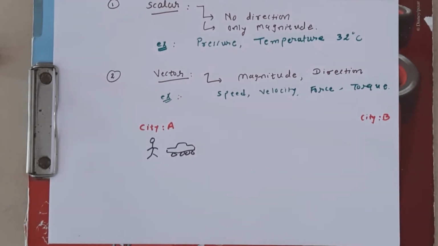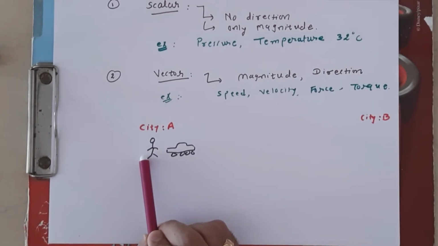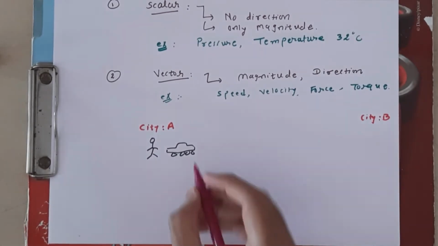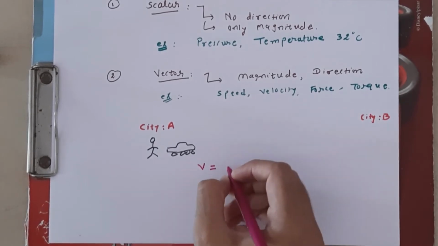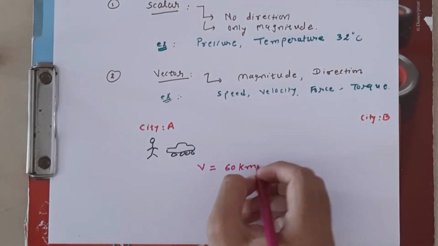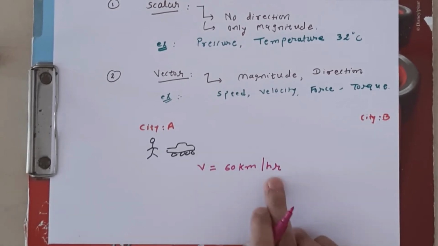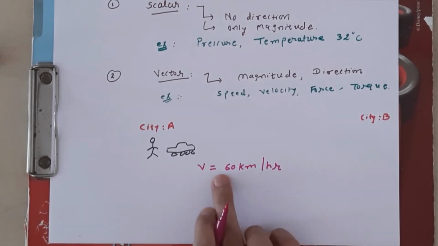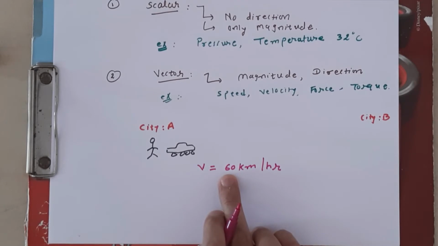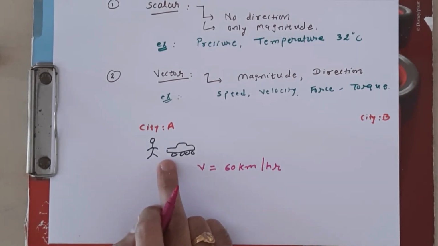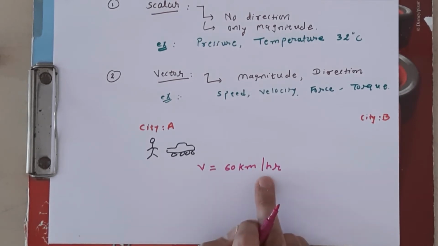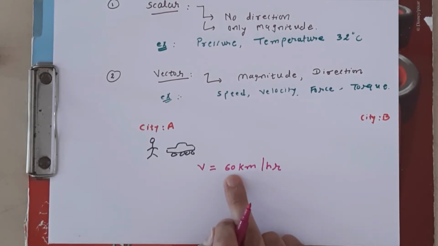Listen carefully, only a few pieces of information are given. The boy is driving a car with velocity 60 kilometer per hour. Which information is given? Just magnitude, just its value. Direction is not specified. So in this statement only value is given.